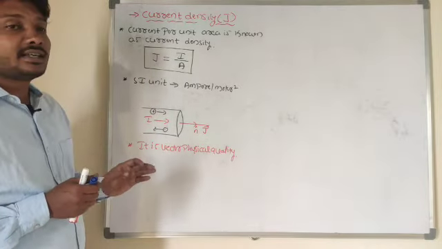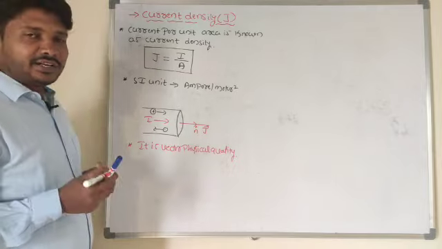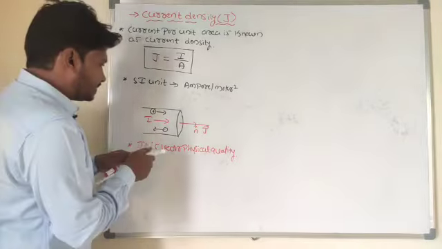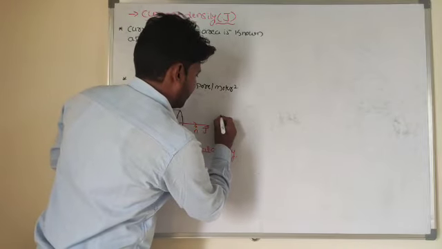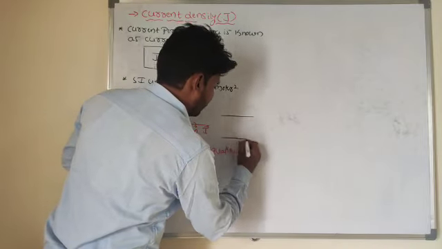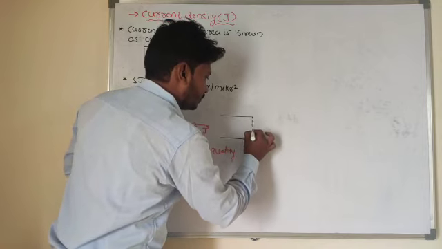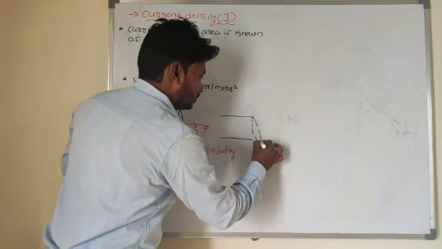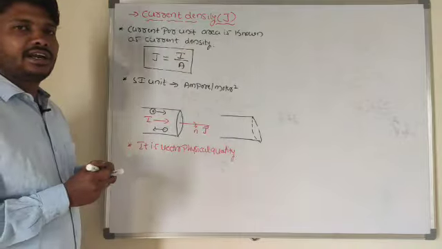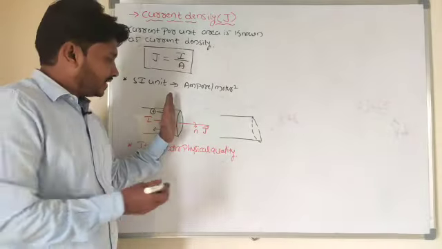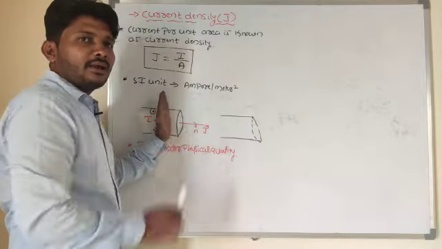For example, if that surface makes a certain angle, look here, this is one conductor. This is the surface, and it is tilted by a certain angle. For this surface, this is the normal line.